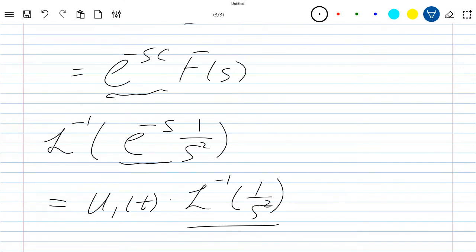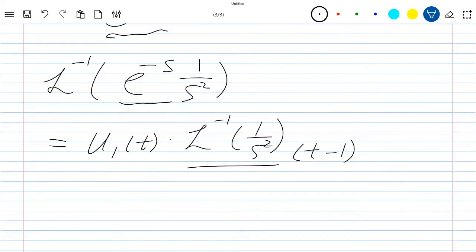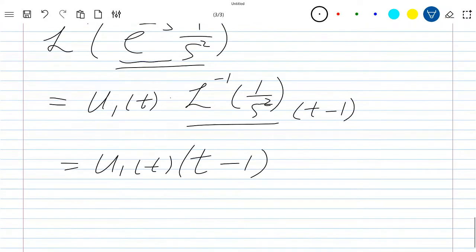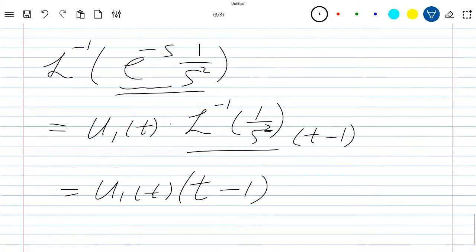This will give you a function of t, right? Then you shift it like that. So what do we have? The inverse transform of 1 over s squared is just t. So you replace it by t minus 1. So that's your answer. All right, that's how you do the inverse transform of an exponential function of s times a polynomial or fraction. Okay.